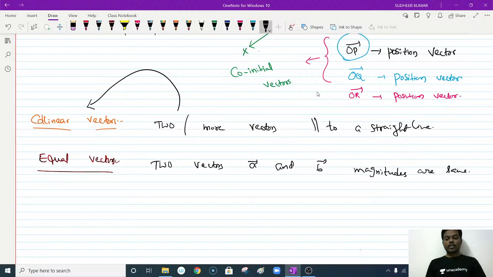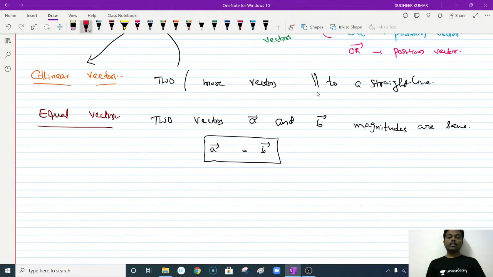If two vectors are equal, they are represented as a bar equal to b bar. Right?